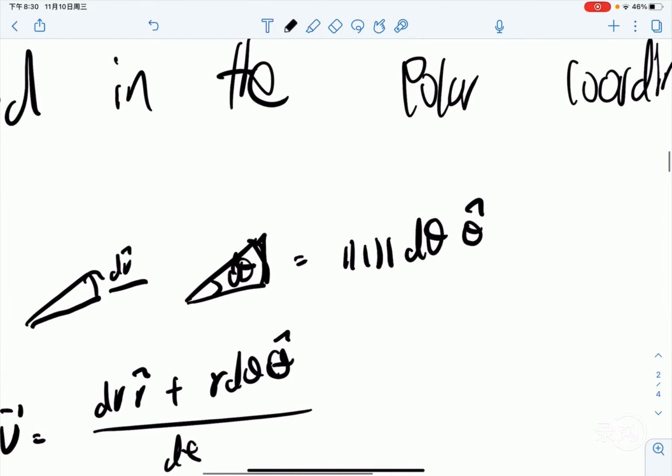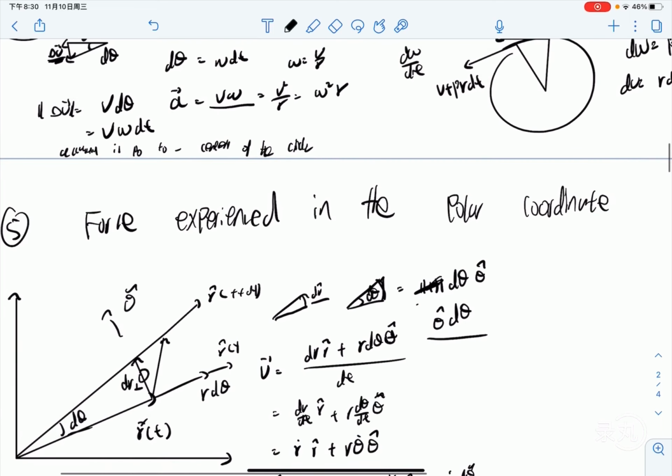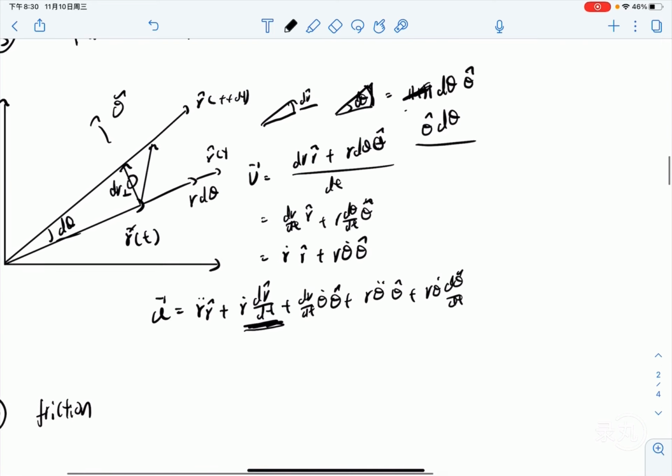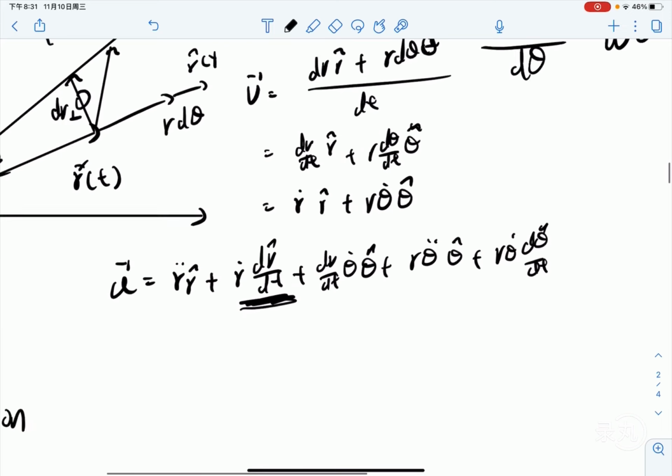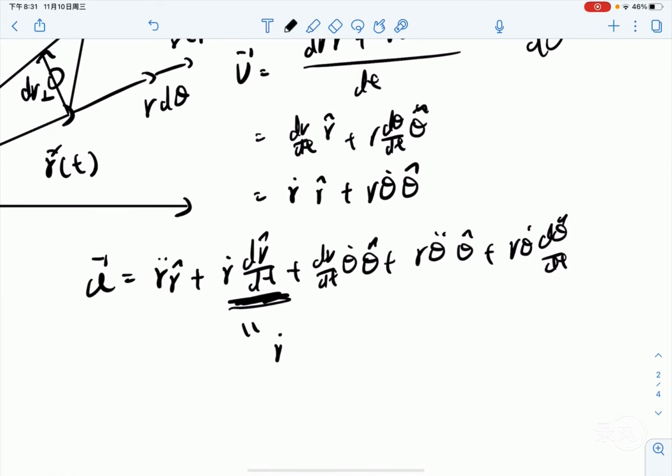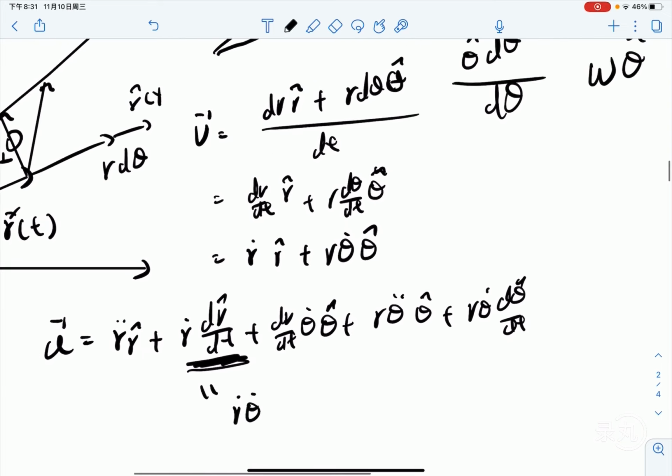We can ignore this as this is basically this. Okay. And if we divide by dt, this is basically omega in this direction. This term equals r dot, theta dot, times this.